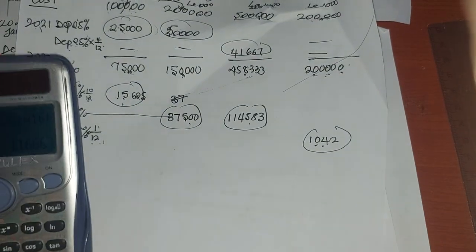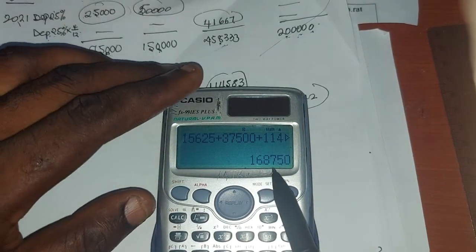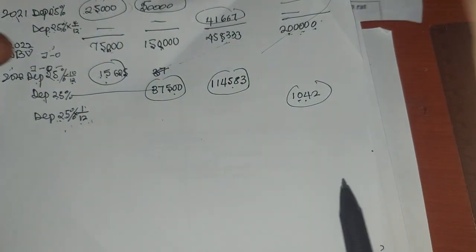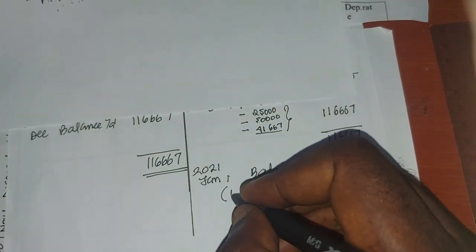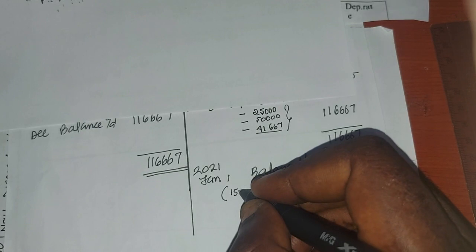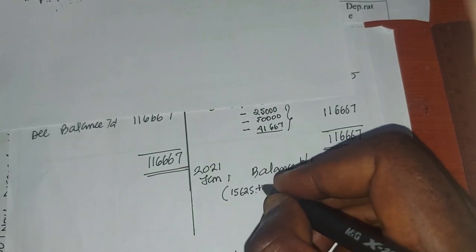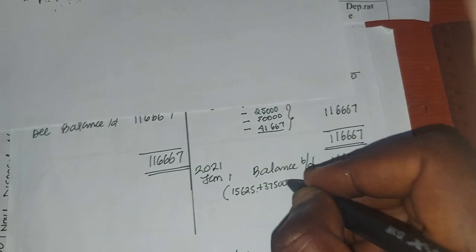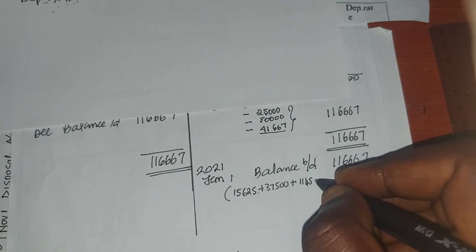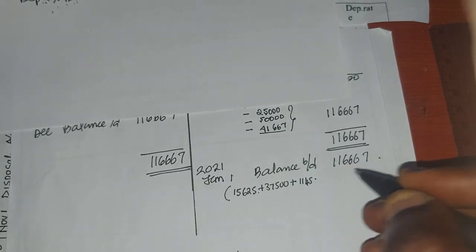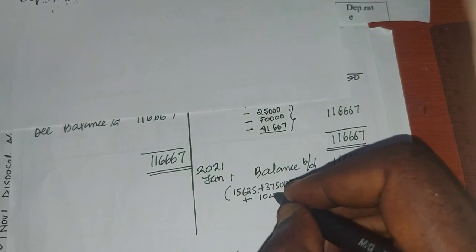So when you add this up, what do you have? You have 168,750. For this, we need to show 5,625 plus 3,750 plus 114,583 plus 1,042.